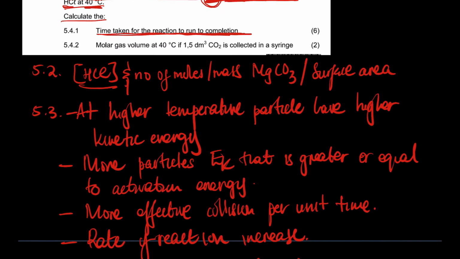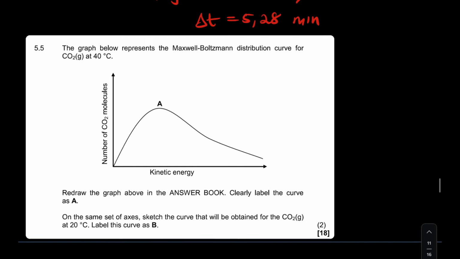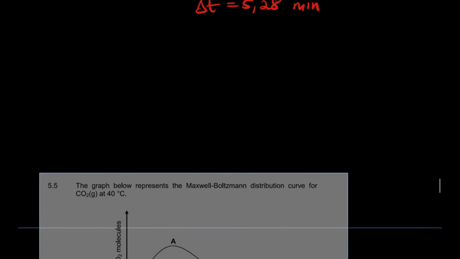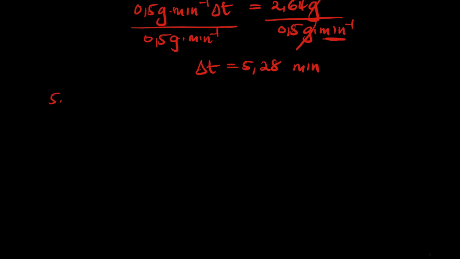Now let's go to 5.4.2, molar gas volume. The question says calculate the molar gas volume at 40 degrees Celsius if the volume of carbon dioxide is 1.5 cubic decimeter collected in a syringe. So the question wants the molar gas volume.